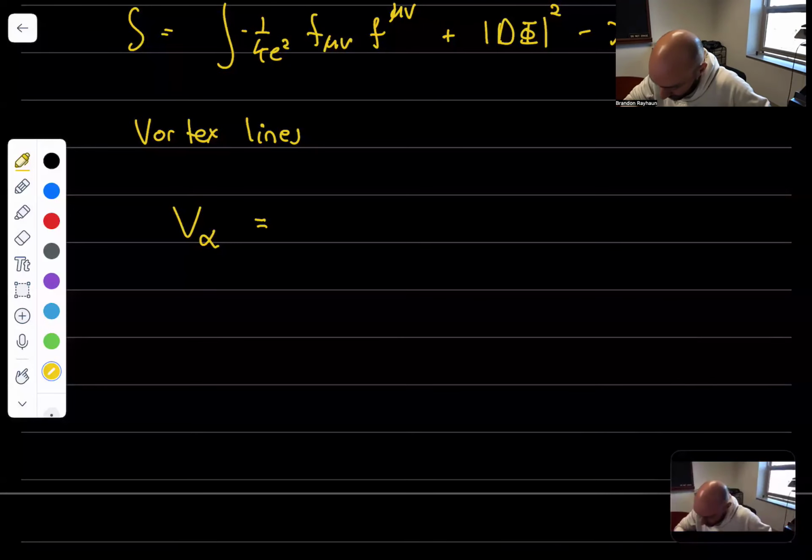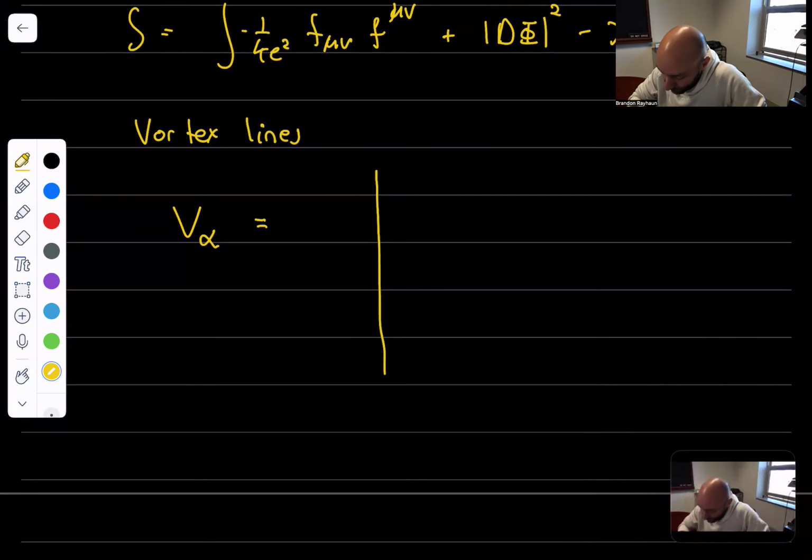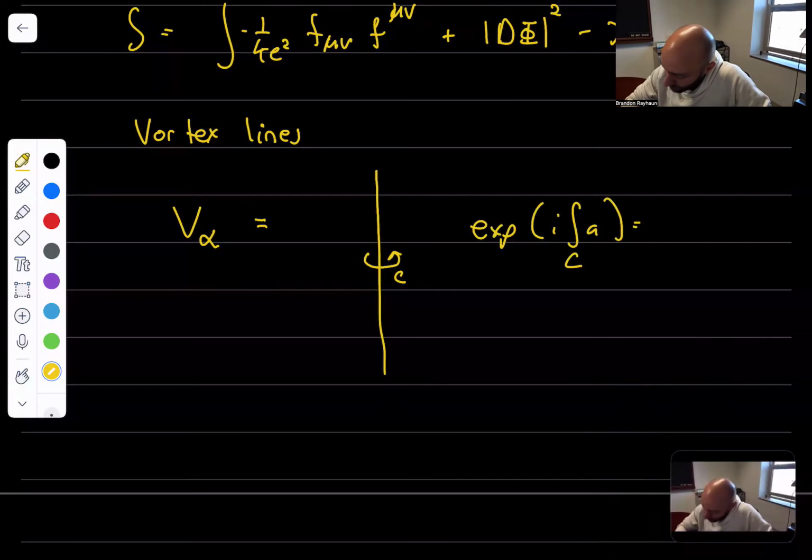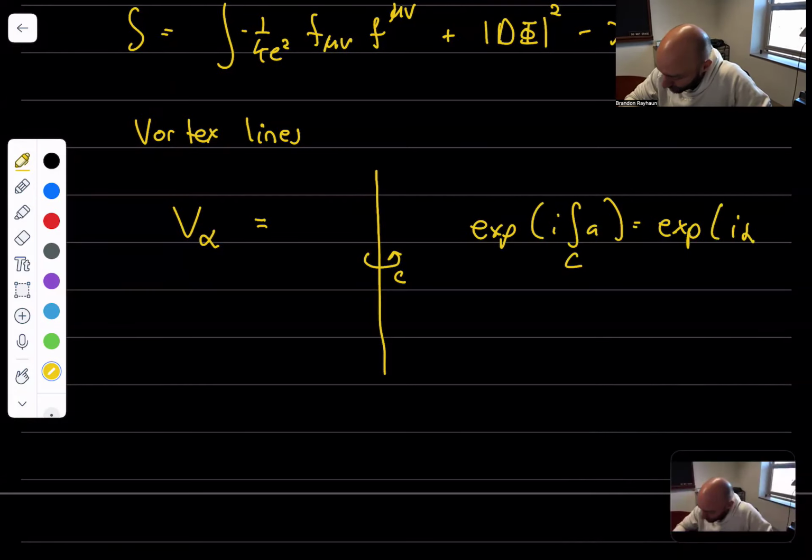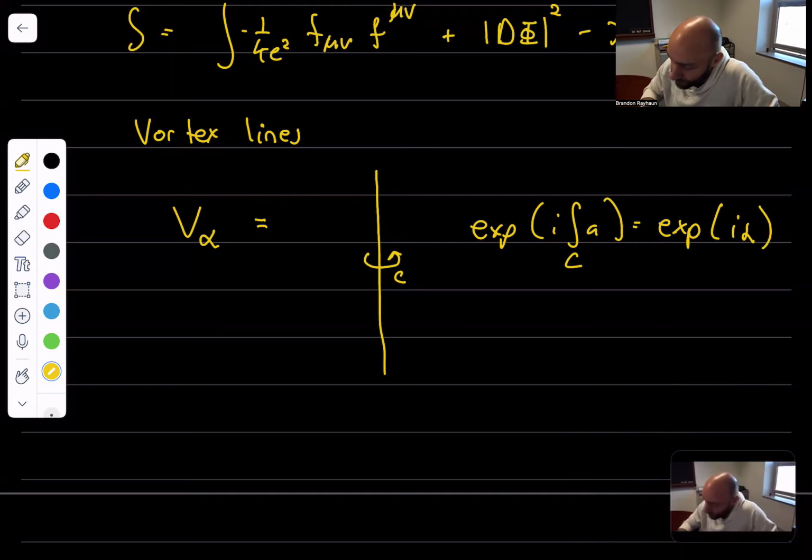So specifically, the vortex line is defined by doing the path integral only over gauge field configurations which have some fixed holonomy alpha when you link with the line. So if I integrate the gauge field along this line C, I want to only do the path integral over gauge field configurations such that this holonomy is alpha.